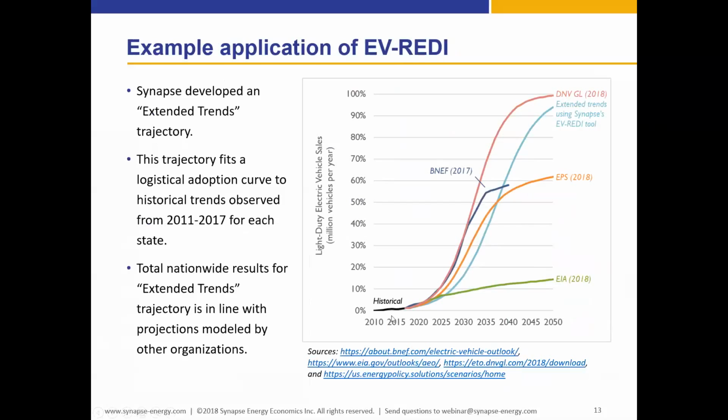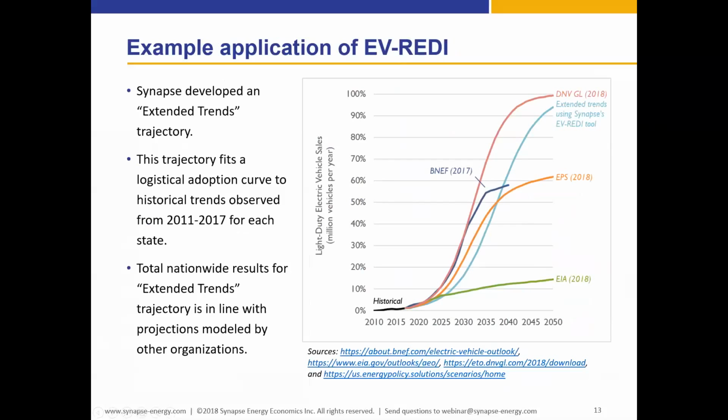The chart shows this trend in light blue, and we've plotted it against a few other projections for EV sales from a couple of other organizations. These include Bloomberg, which is BNEF, DNVGL, Energy Innovation, which has its EPS model, and EIA, and this trend is from the most recent Annual Energy Outlook.